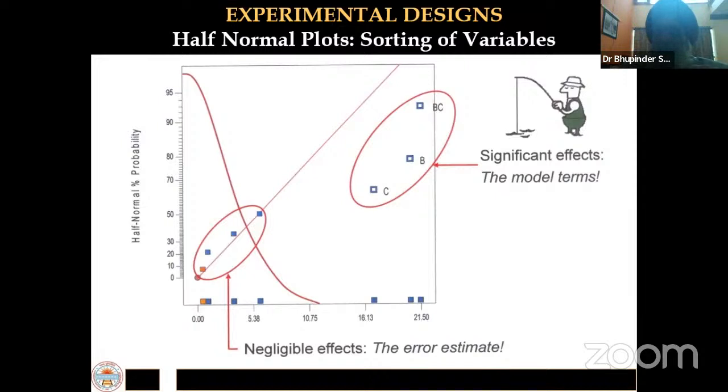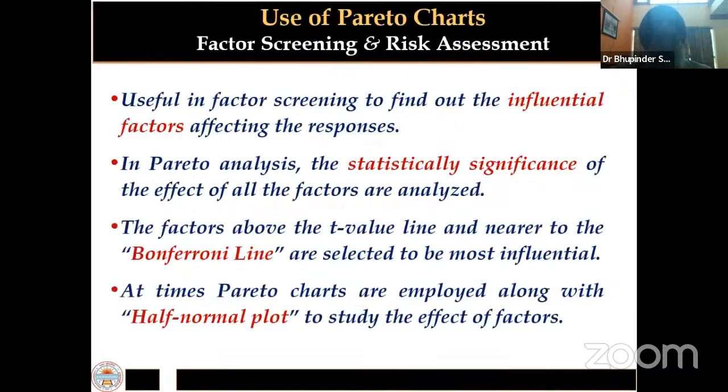B is the variable B, C is variable C, BC is the interaction between B and C. These are accounting for the variability, so they are the influential factors. The rest are ignorable and can be discarded.